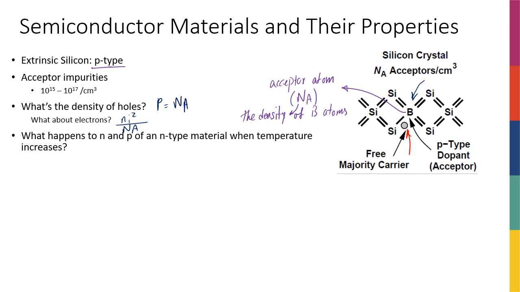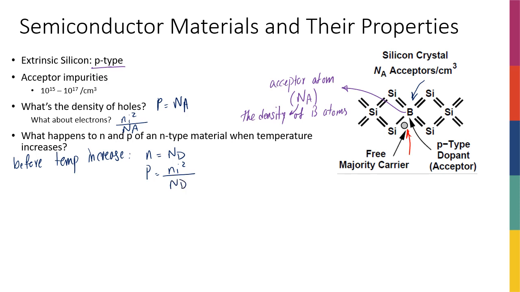So we know that for an N-type material, before the temperature increase, I have N, the density of electrons, equal to the number of donors, and P, the density of holes, is equal to Ni squared divided by Nd, right?